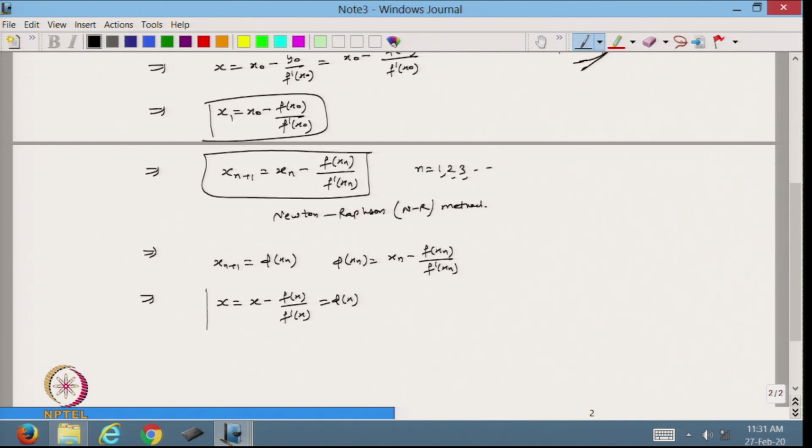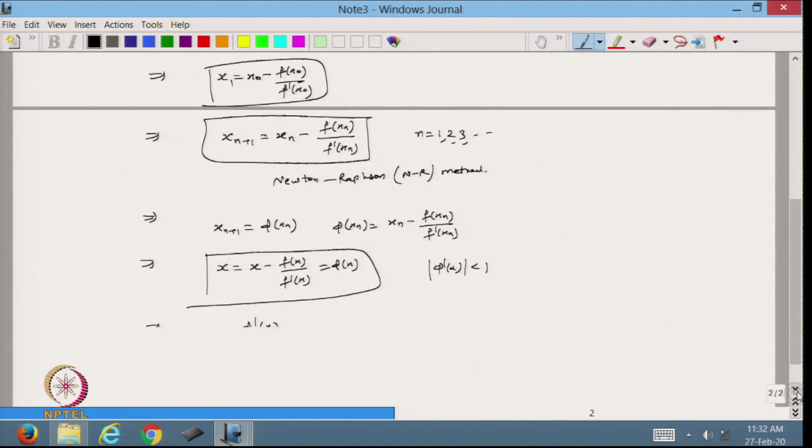Now, I know that for the convergence of the fixed point methods we discussed, the necessary and sufficient condition was that the modulus of phi dash alpha should be less than 1. So I try to find the value of phi dash x.